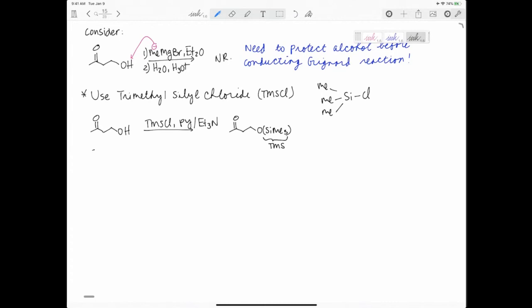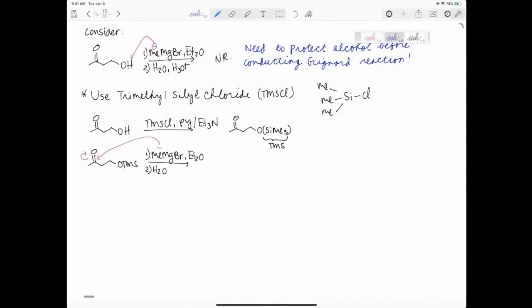So now if I use my protected molecule with my methyl magnesium bromide from earlier, this Grignard reagent can attack my carbonyl because it doesn't do anything with an ether, right?